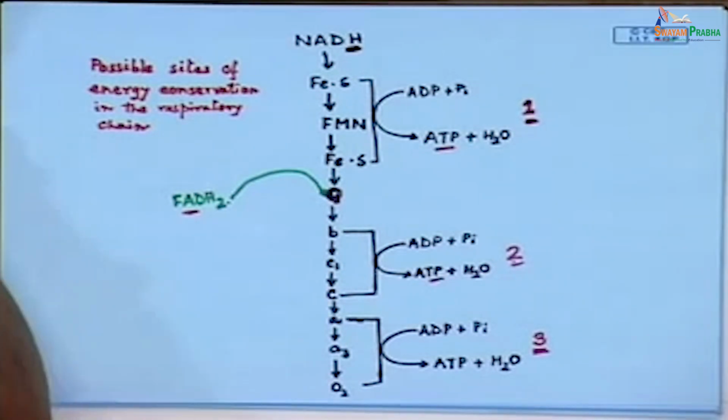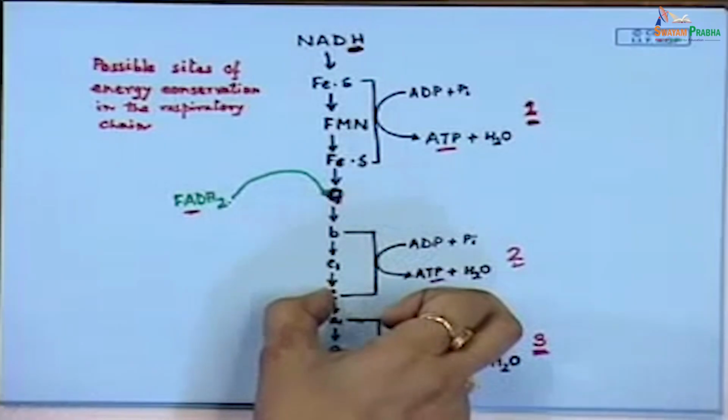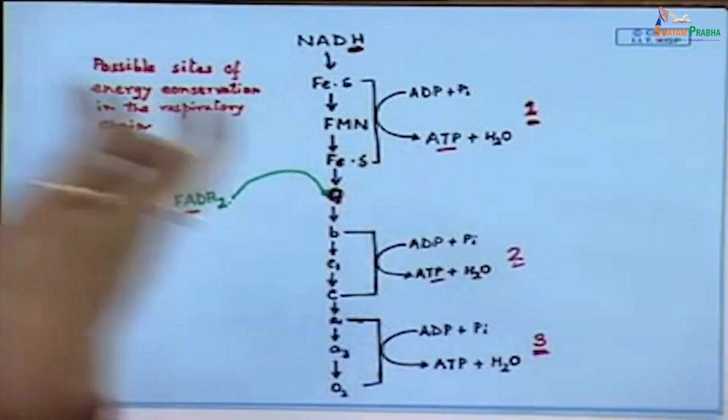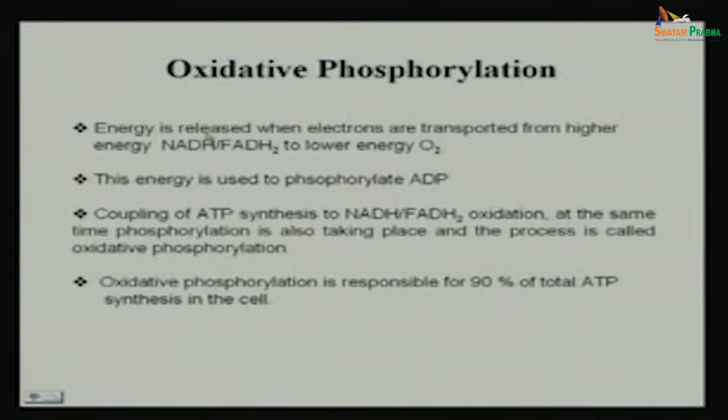Now, this is as far as the electron transport chain is concerned. When we couple the electron transport chain and oxidative phosphorylation, we find that energy is released when electrons are transported from higher energy NADH or FADH2 to lower energy oxygen. The energy is used to phosphorylate ADP.